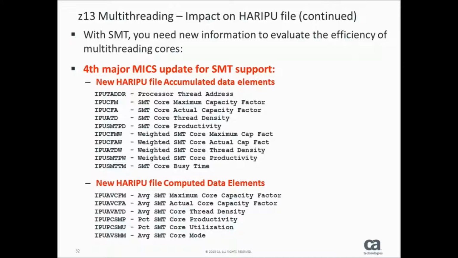But what that means is that threads that were active for longer periods of time, or cores that were active more than other zip cores, their factor values provide more of an impact on the overall average. So anyway, you're going to have these new values in the HARIPU file.